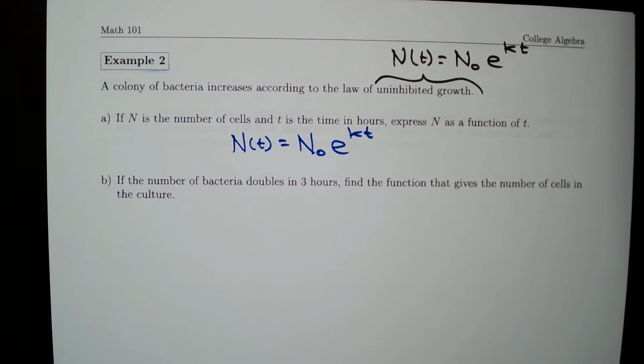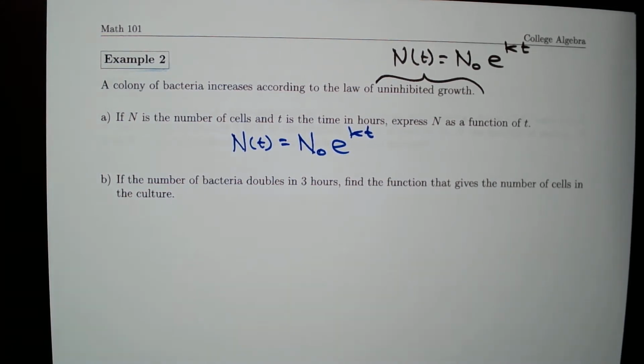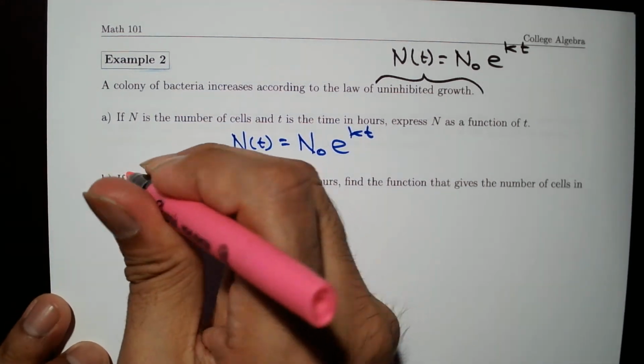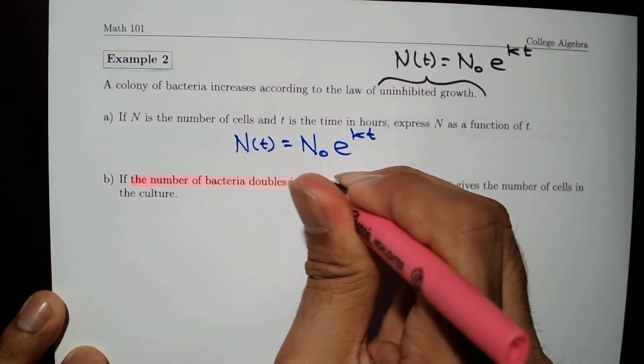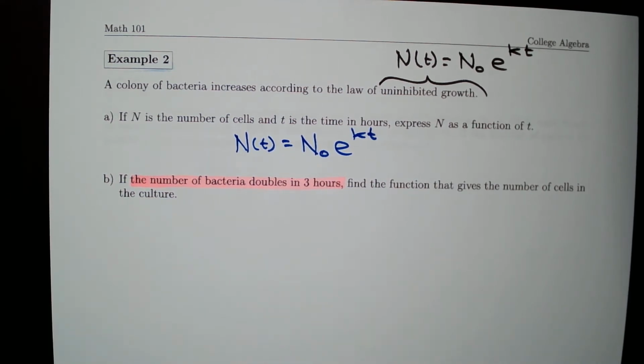We don't have pretty much anything yet. Yet using some experimental observations, it is observed that the number of bacteria doubles in 3 hours. We are going to use this information to find k, which is the proportionality constant, right?